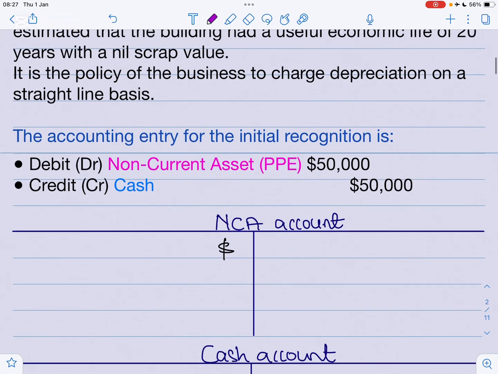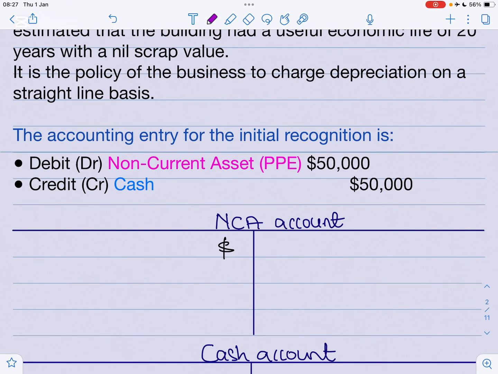Now, making use of a T format account, the first thing to note is that the left hand side is always the debit side, and the right hand side is our credit side.